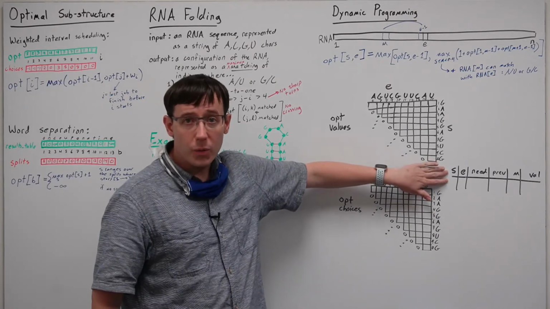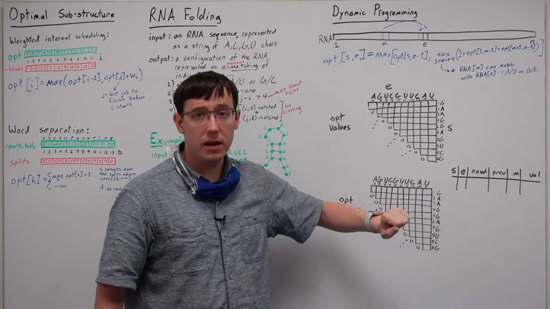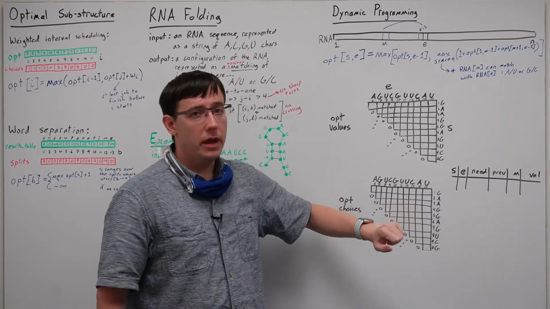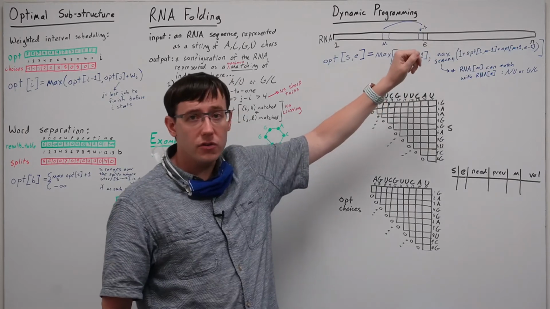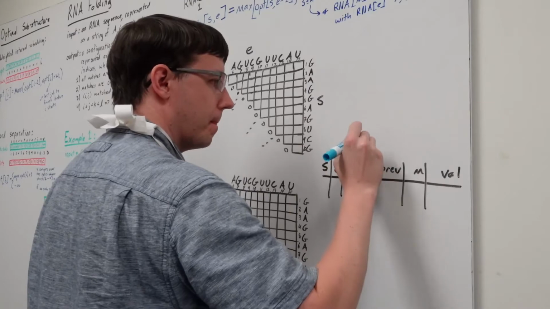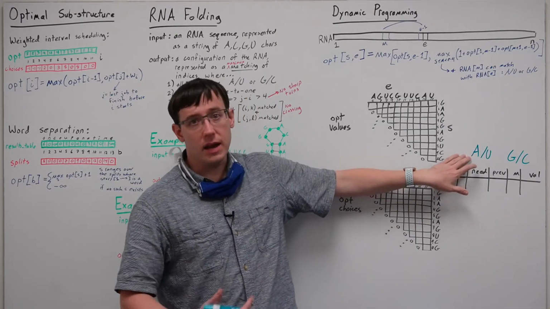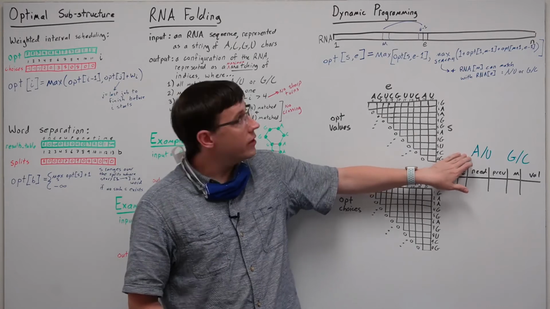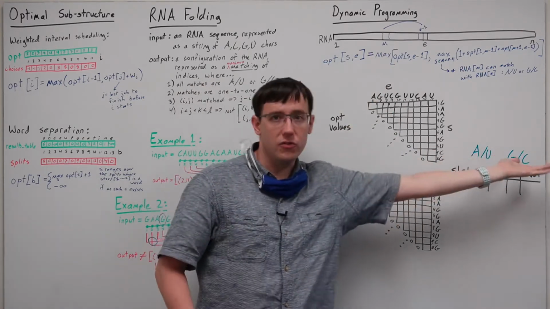Along the way, it will be helpful to keep track of what start and end index we're on. And based on the end index, that will tell us what we need to pair it with. If the character at index E is an A, then we should only consider M if that character is a U, and so on.